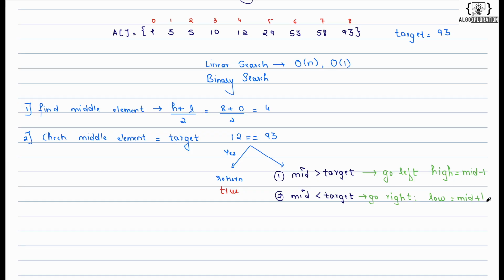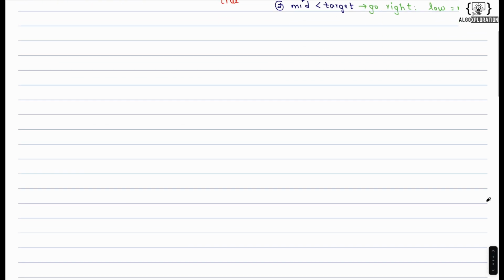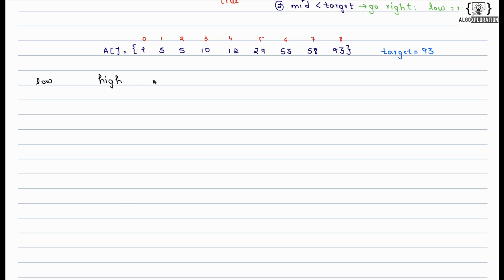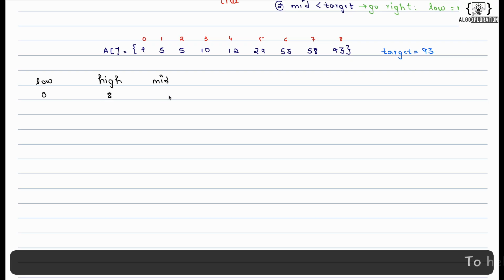Let's try to dry run this by taking this example only, in which the target value is 93. We track low, high, and mid. Initially low is 0, high is 8, and mid will be 8 plus 0 divided by 2, that is 4.